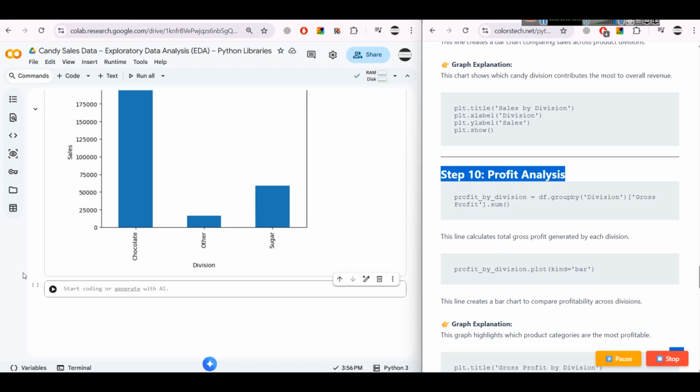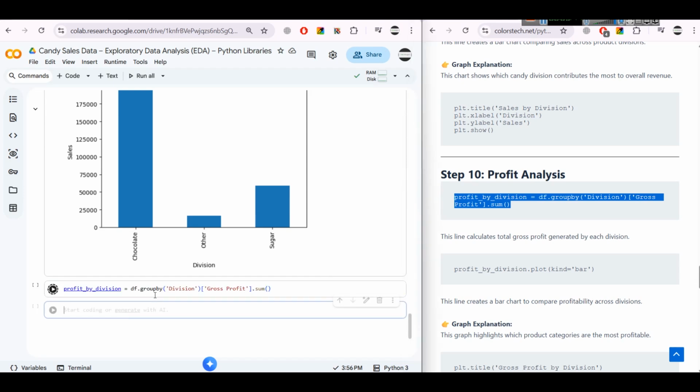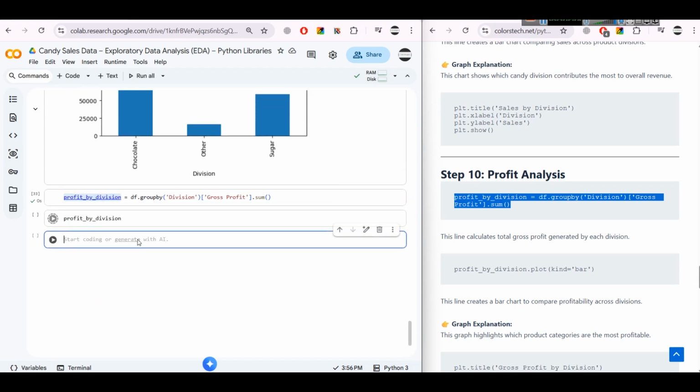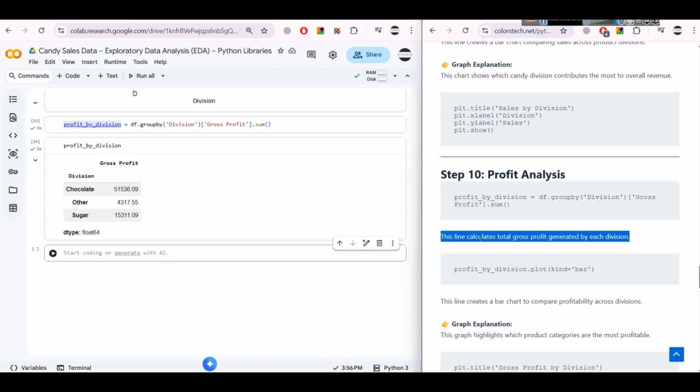Step 10. Profit Analysis. This line calculates total gross profit generated by each division.